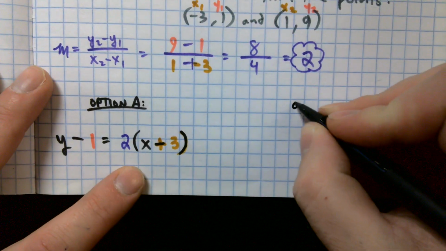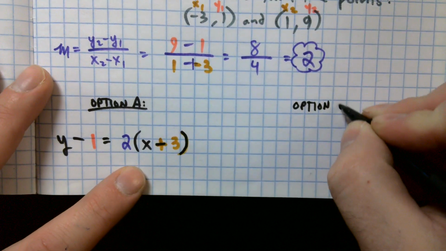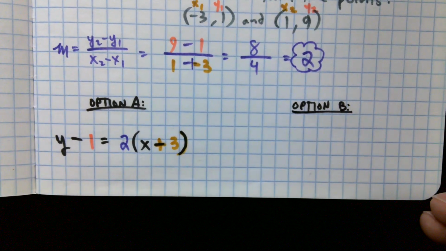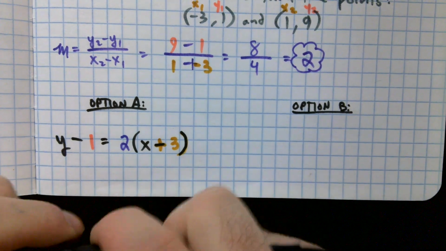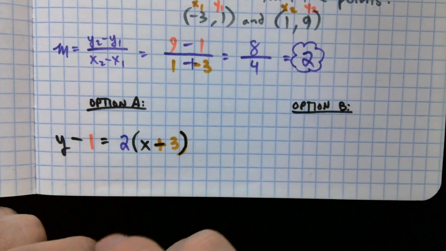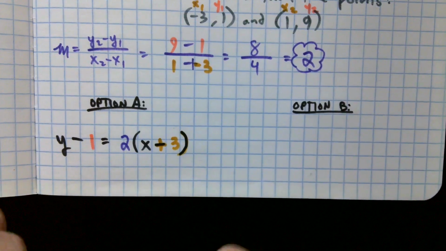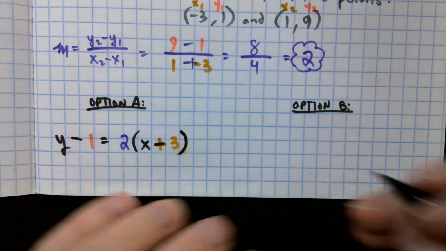I also could have option B. For option B, I'm going to use my second point. They're both points on this line, so I should be able to use that second point as well. Let's see.